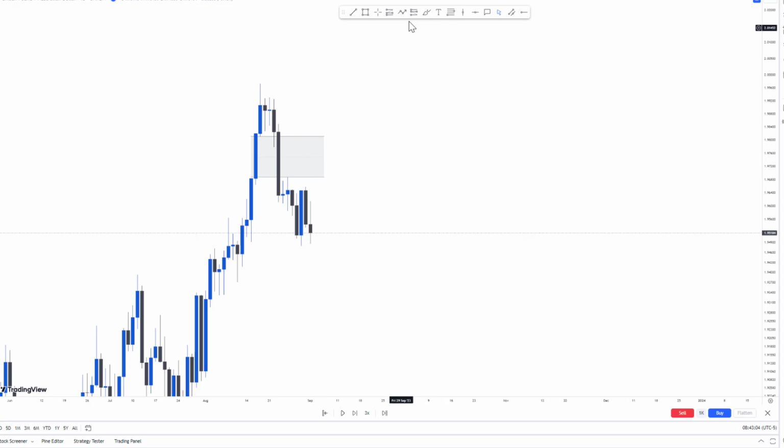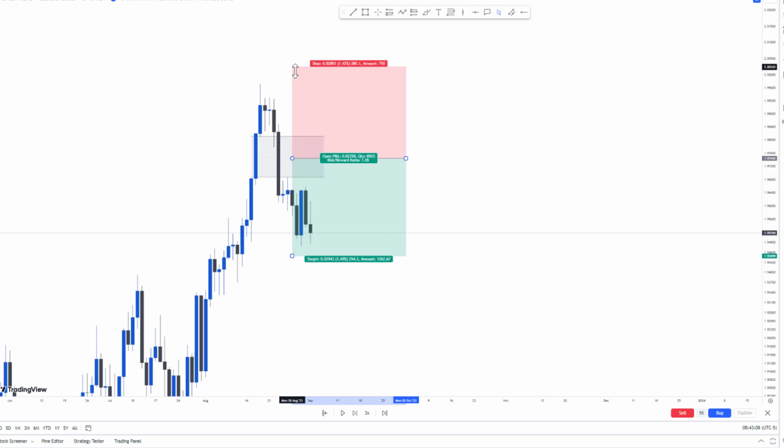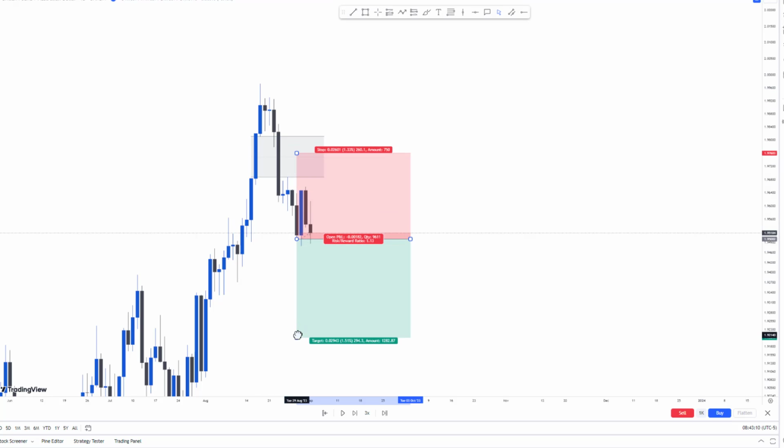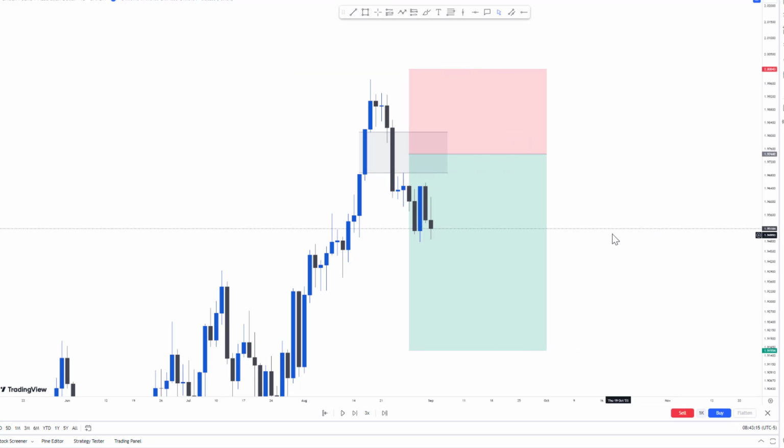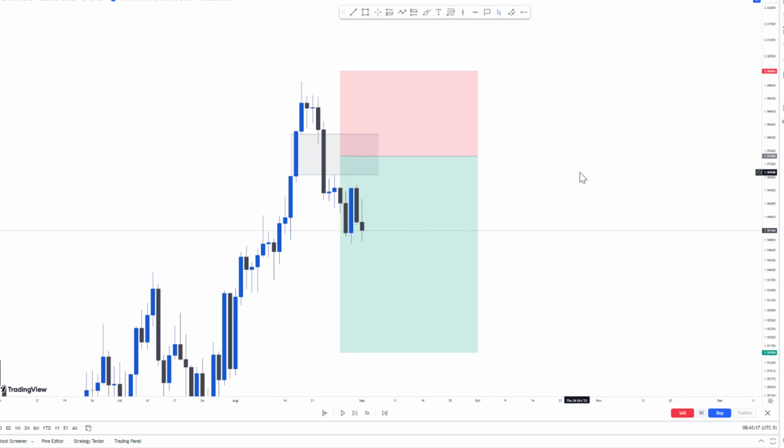Now what you do is you place your entry. So let's assume maybe you place your entry at the 50%, stop loss above the high. Then you can go ahead and place your targets depending on your trading style and how you look to approach the market. So this is simply inversion. Now if you want to learn more about inversions, you can visit ICT's channel, who is the author of this strategy.